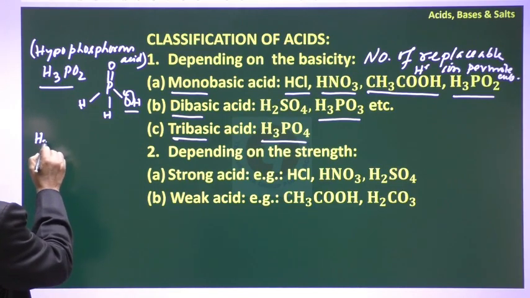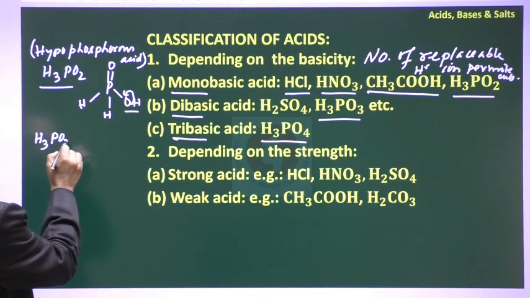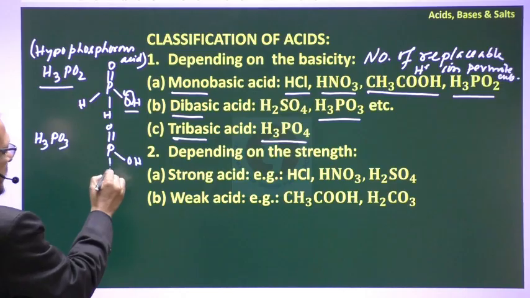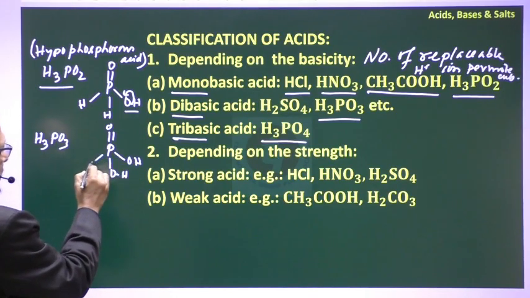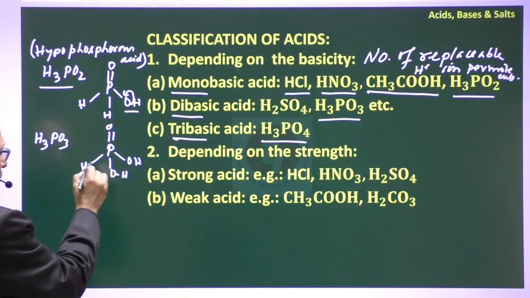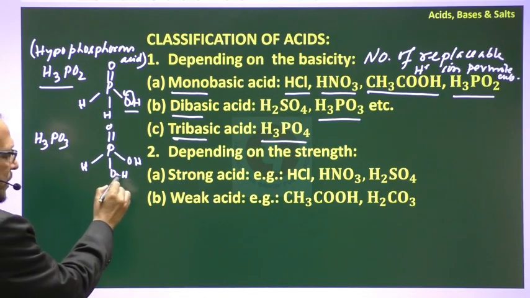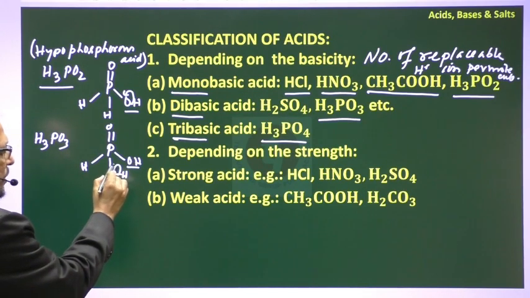Similarly, the H3PO3 structure is P=O with 2 OH bonds. That means the hydrogen attached to phosphorus will not give the proton. These 2 OH groups will give the proton.